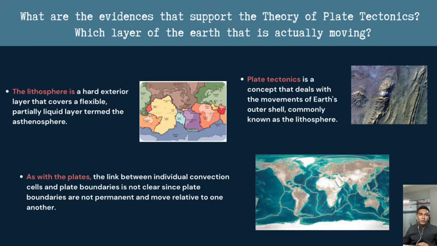So we can conclude that plate tectonics is a manifestation of the underlying mantle convection regime, but the relationship between individual convection cells and plate borders is not straightforward, since plate boundaries are not permanent and change relative to one another.